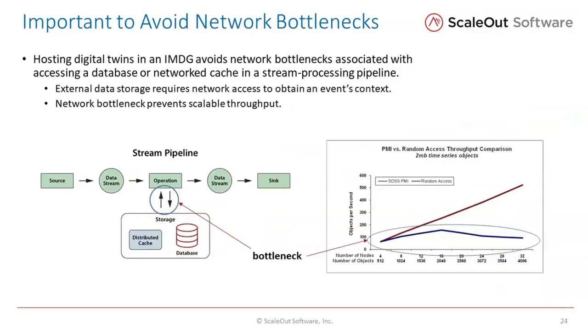Now, just to look for a second at the network bottlenecks. With stream processing pipelines, we looked at this bottleneck that can occur, and you can see what the effect is here. This is an example that we performed on our grid where we were not accessing local data, but instead going randomly across the network to access objects in the grid.